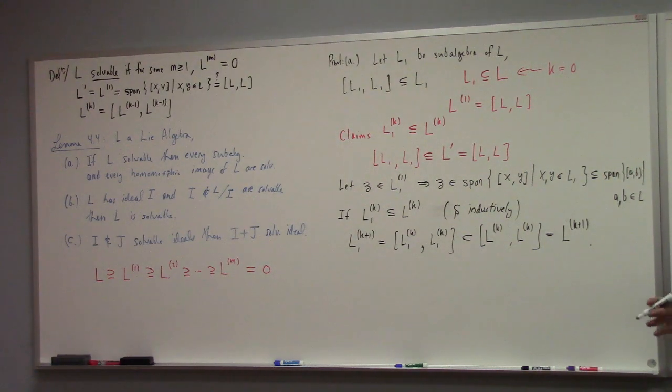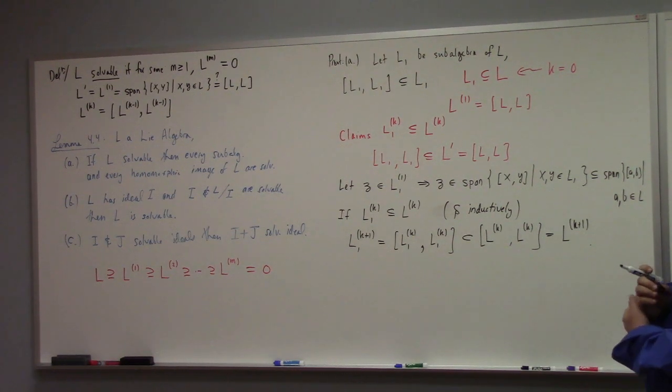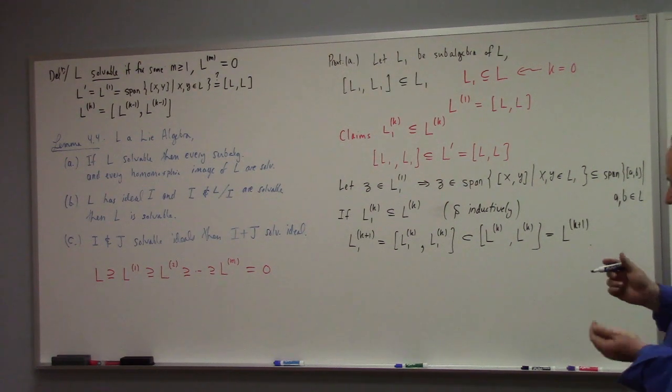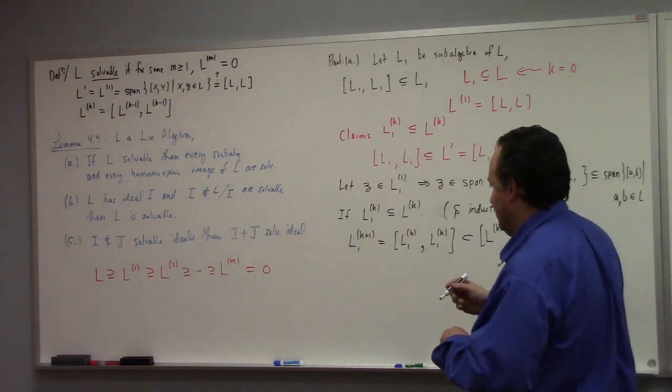Okay, so anyway, I'm spending entirely too much time on this. It should be clear that the derived series for a subalgebra is in this way connected to the derived series of the algebra overall. But what are we assuming? We're assuming L is solvable, right?